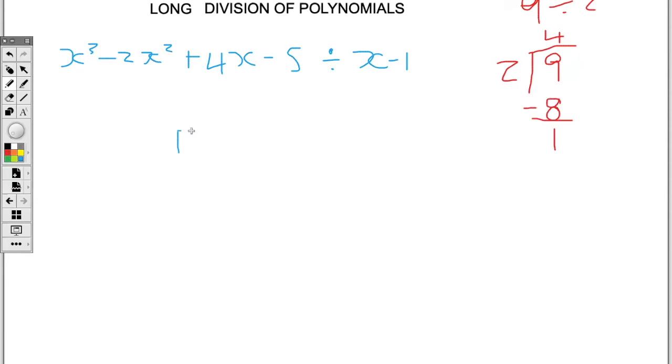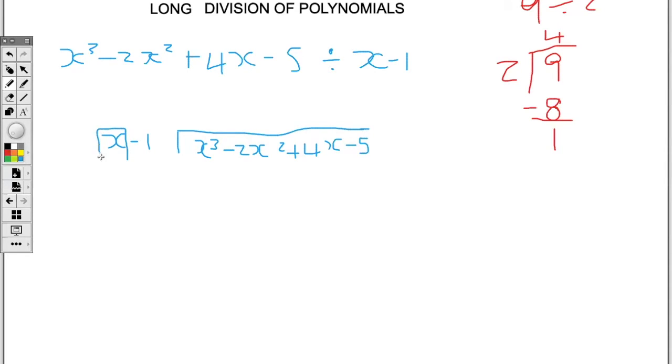Now, we are going to do this by long division. So x minus 1 is considered to be the divisor, and the dividend is the polynomial, which is x cubed minus 2x squared plus 4x take away 5.